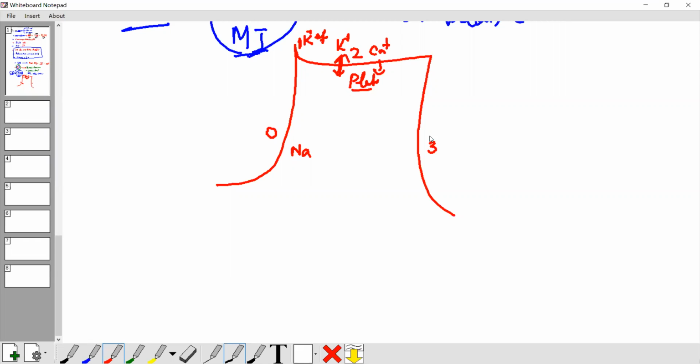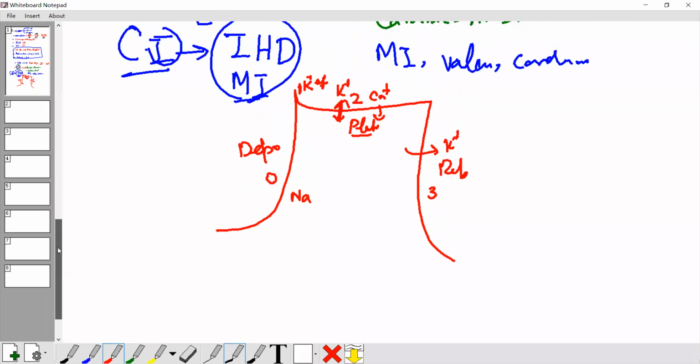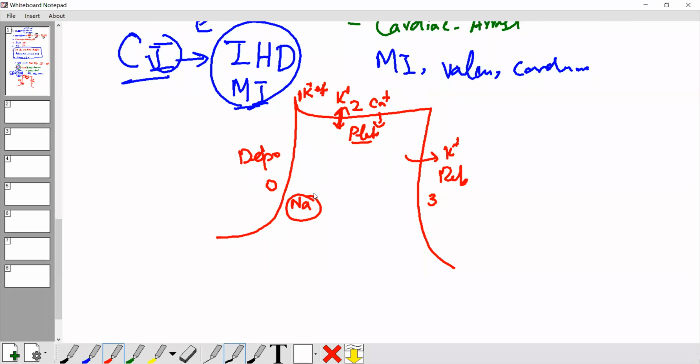Phase 0 is depolarization and phase 3 is repolarization, where only potassium comes out. Now you can see where sodium is used: phase 0. Class 1 acts on which phase of the action potential in myocardium? Phase 0. Understand?